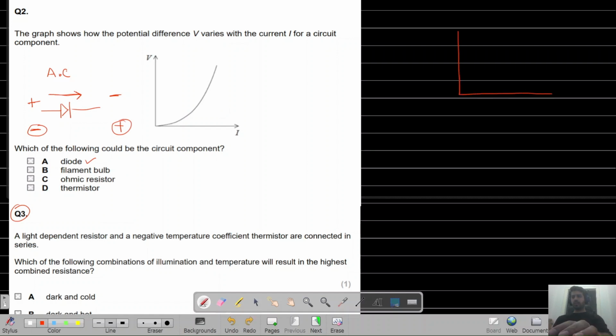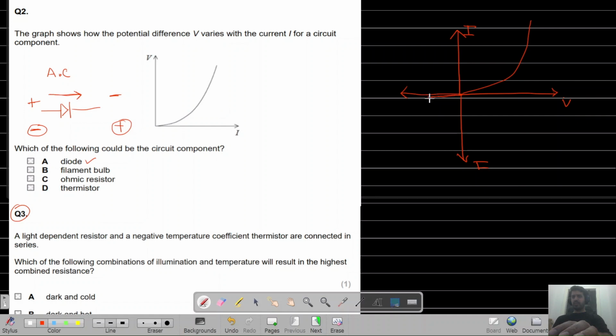Also, the graph for a diode looks something like this. So you have voltage V on x-axis and current I on y-axis. So the graph for diode looks like this on the positive side, and on the negative side, if you keep on increasing the voltage, the current will not increase.